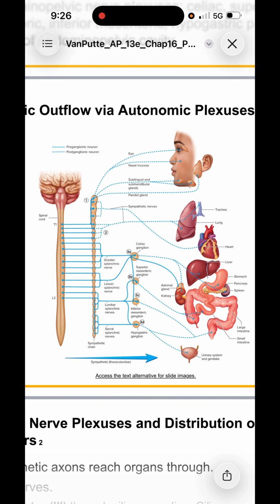Trachea, lung, heart. 3. A celiac ganglion, greater splanchnic nerve, superior mesenteric ganglion, liver, stomach, pancreas, spleen.